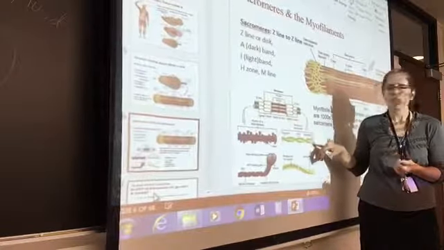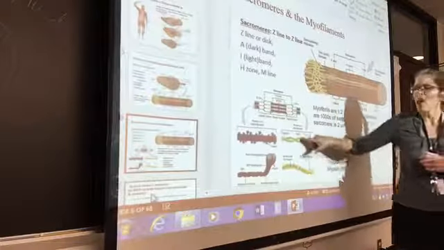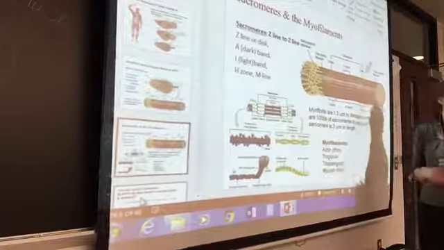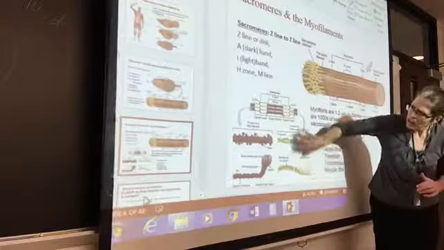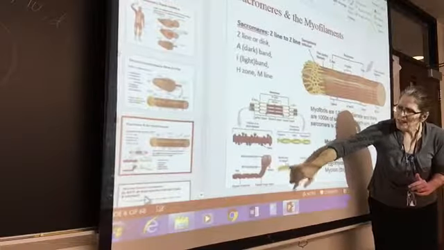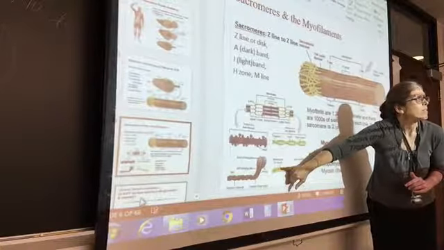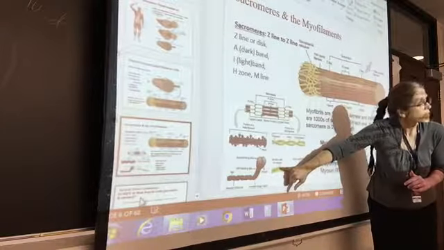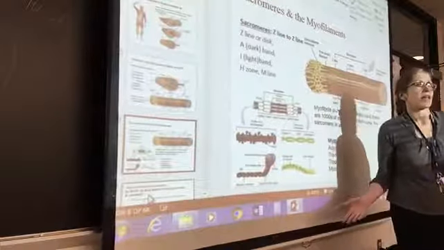The tropomyosin is going to be kind of rope-like, similar to collagen, and it runs right along that actin. If I zoom in a little bit more, I realize that tropomyosin is covering a binding site on the actin for myosin. So the tropomyosin is in the way.